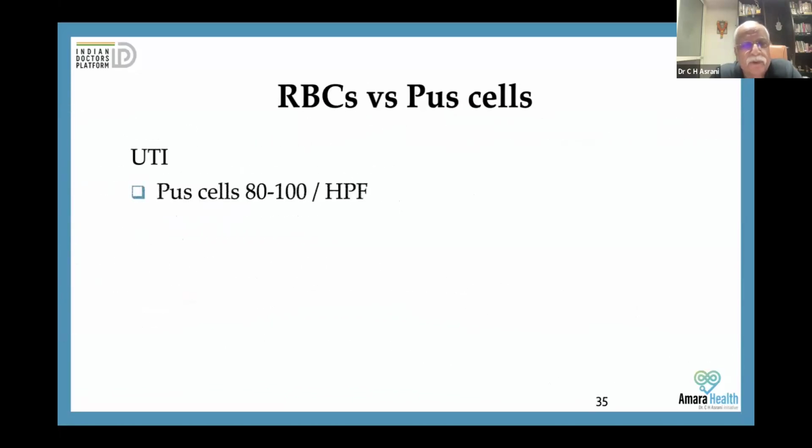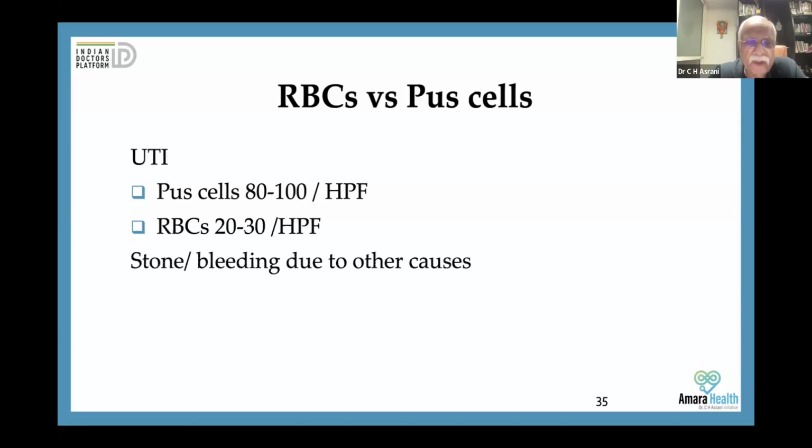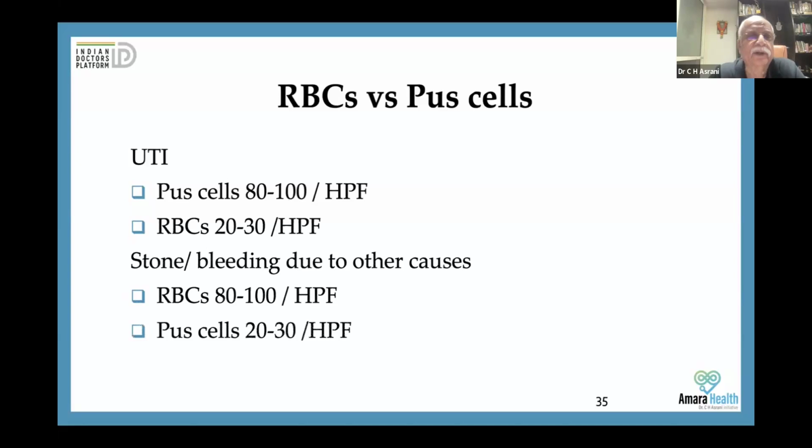UTI will have, suppose I'm giving a hypothetical picture, pus cells 80 to 100 per high power field, RBCs 20 to 30, this is UTI. Severe infection will give some RBCs also. And if it is stone or bleeding due to other causes, you will get RBCs 80 to 100 and pus cells 20 to 30.